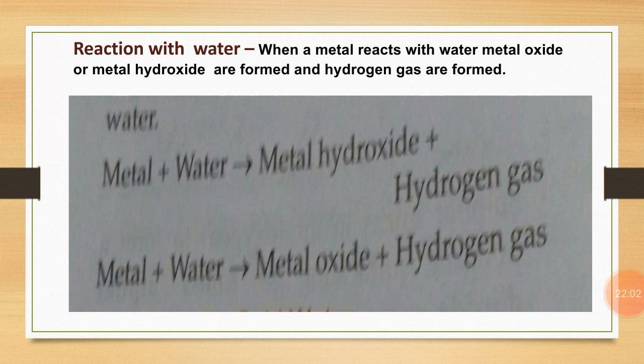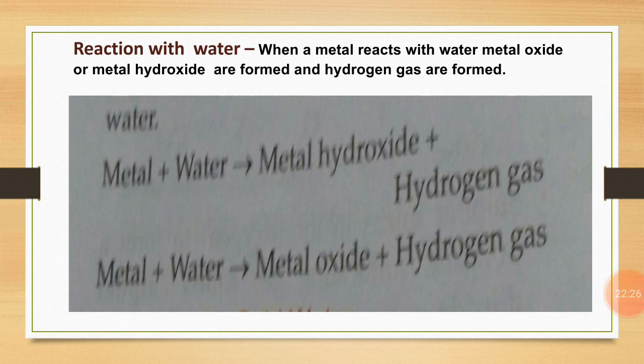So when metals react with water, there is formation of metal hydroxide or metal oxide. And one of the most interesting features of this process is that a gas is released during this reaction, and that gas is known as hydrogen gas. Now how can we check for the presence of hydrogen gas?